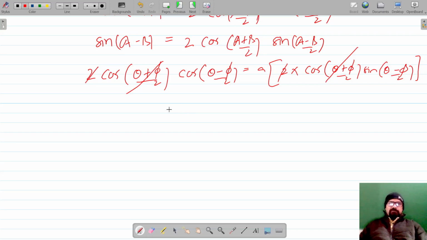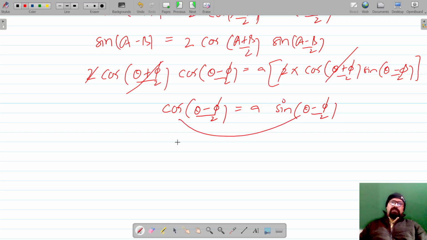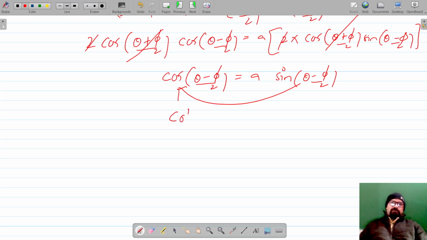So finally we are left with cos of theta minus phi by 2 is equal to a into sine of theta minus phi by 2. Shifting this to this side gives us cot of theta minus phi by 2 is equal to a.